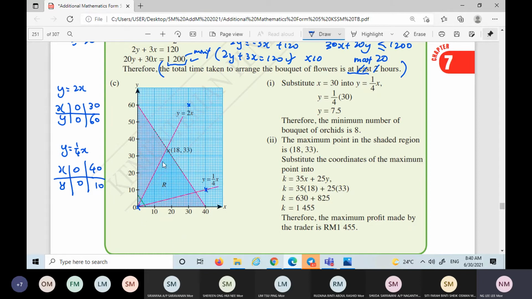This type of question is quite easy compared to linear law, where you need to consider the negative part. This one has no negative part because the x and the y are the number of bouquets, and the number of bouquets cannot be negative. This is why the other constraints are x must be greater than 0 and y must be greater than 0. So it's bounded by the x and y axes.